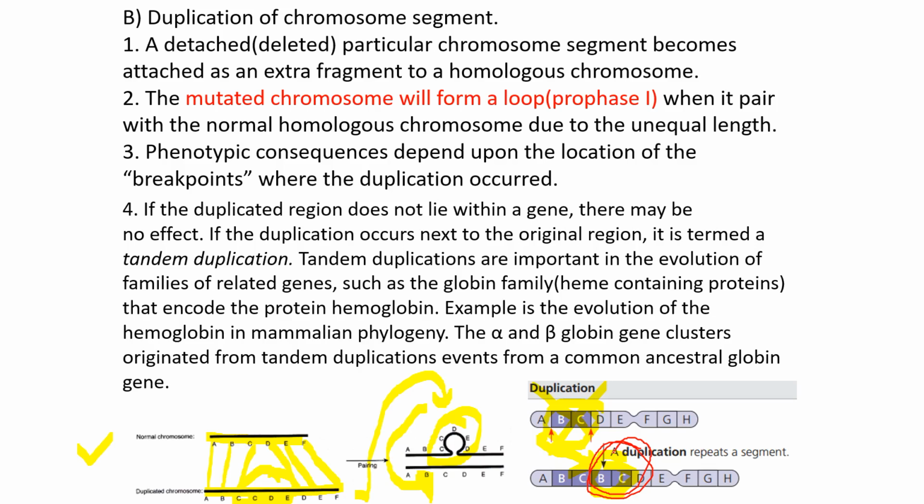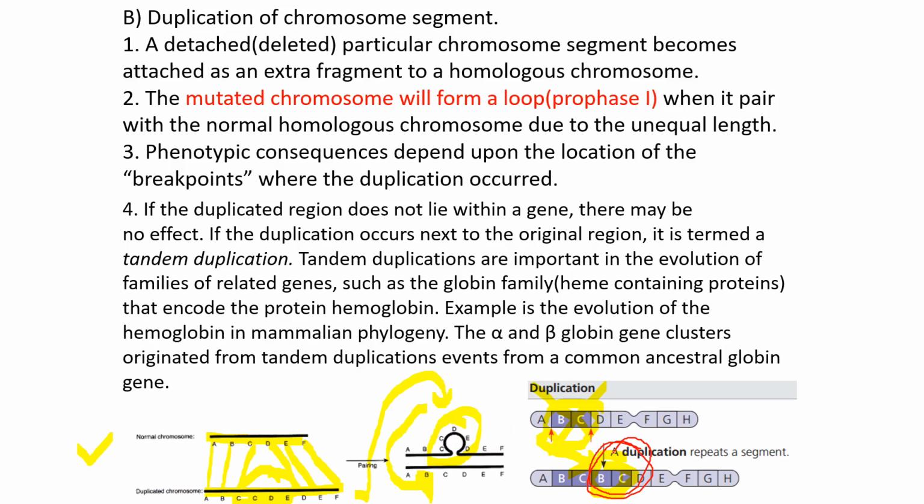Such as the globin family that encodes the protein hemoglobin. An example is the evolution of the hemoglobin in mammalian phylogeny. You Google up what is phylogeny, sort of like traits. The alpha and beta globin gene clusters originated from tandem duplication events from a common ancestral globin gene.